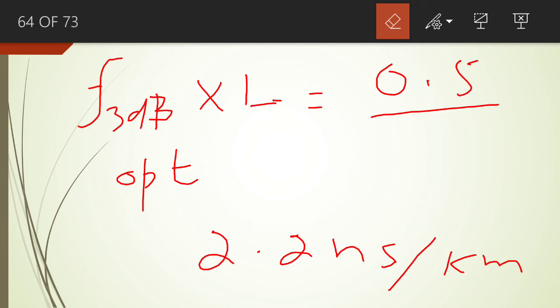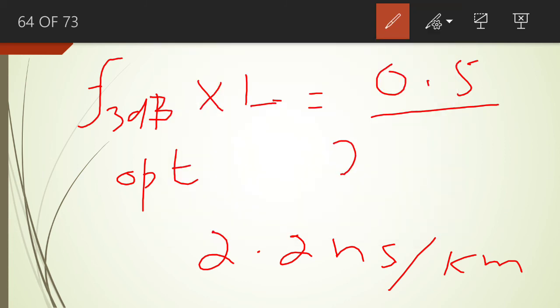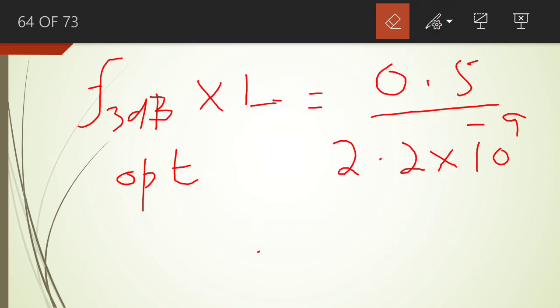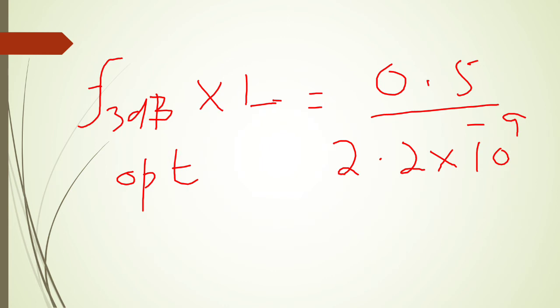So we have 0.5 divided by 2.2 into 10 raised to power minus 9. Okay, so we get the answer over here, which is 0.23.